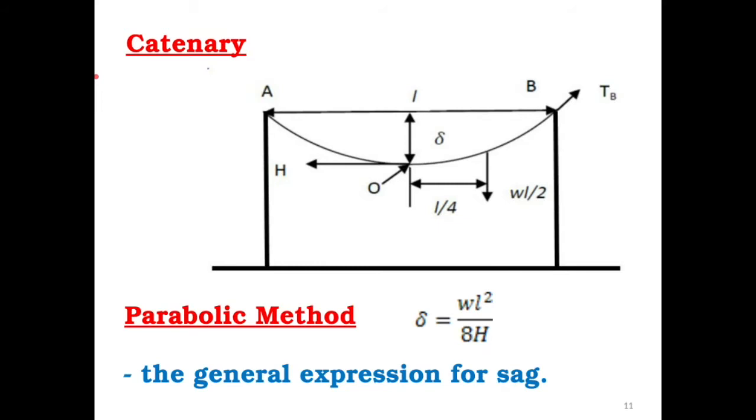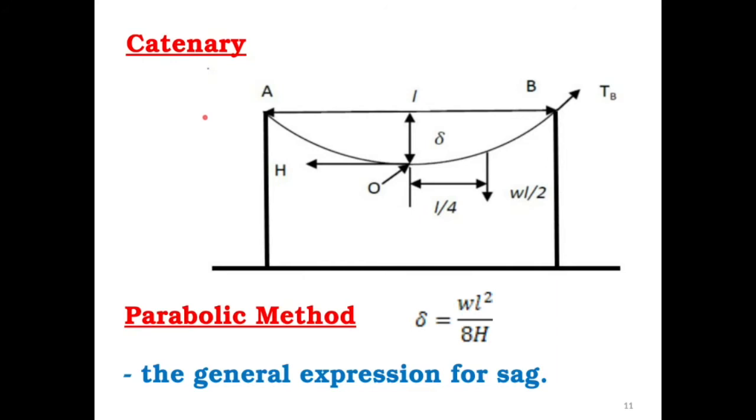And we also use parabolic method when we find that sag is not exceeding 5% of the span. Meaning if this is our span, small l, the conductor length should not be more than 1.05 times of l.